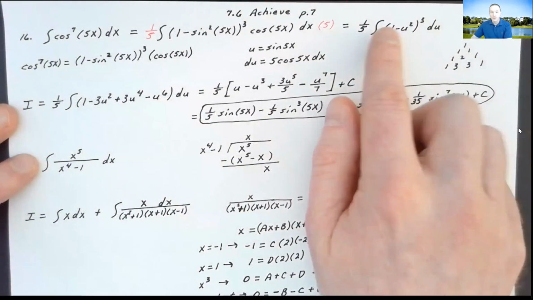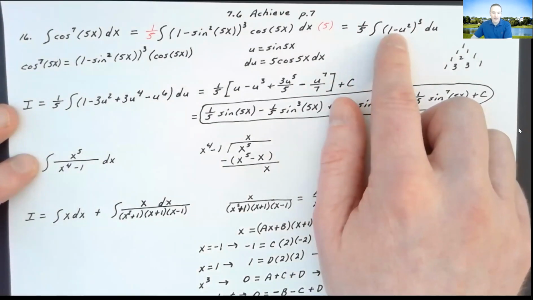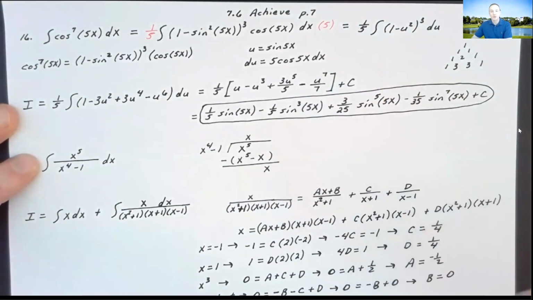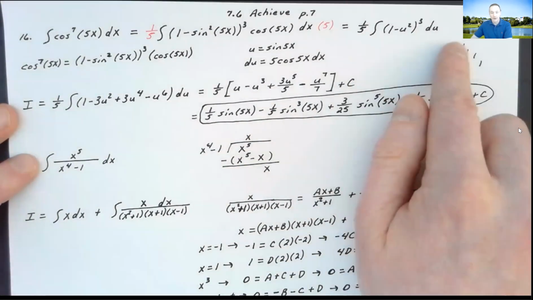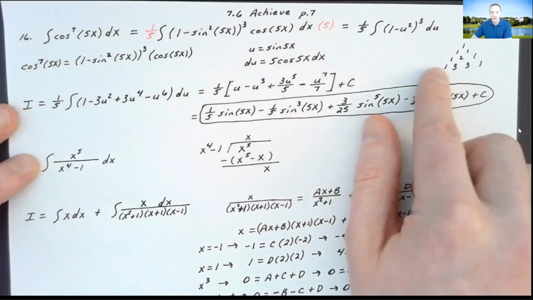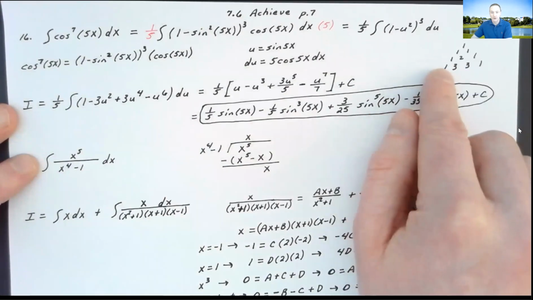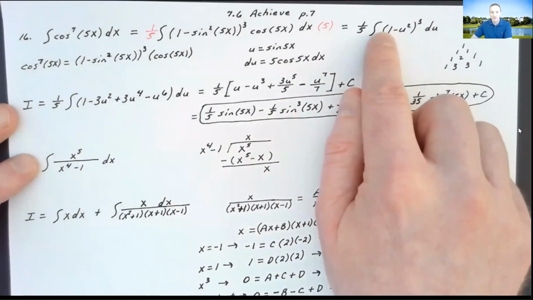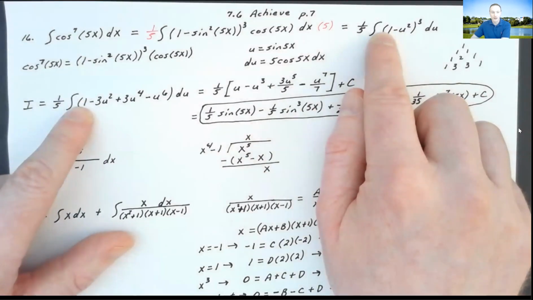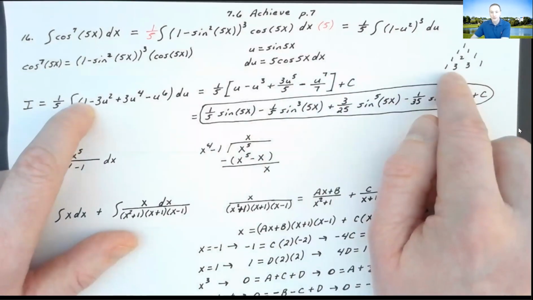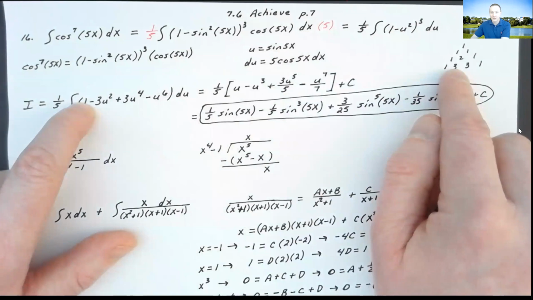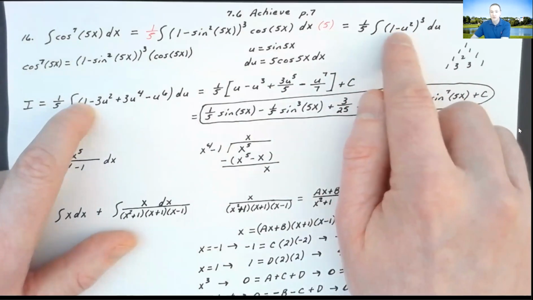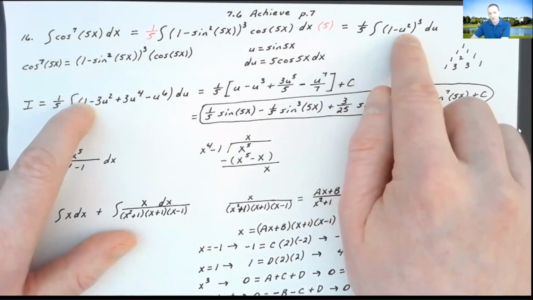Now, you could either multiply out 1 minus u squared times 1 minus u squared times 1 minus u squared and do the algebra, or what I did is I just thought of Pascal's triangle real quickly, and I said, well, I know it's going to be 1 times the first term to the 3rd power, that's the 1. Then it's going to be plus 3 times the first term squared times the second term to the first.